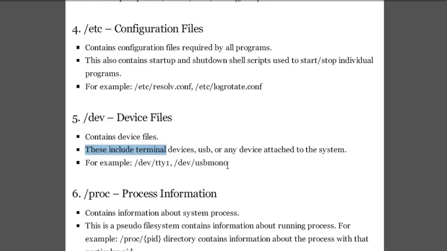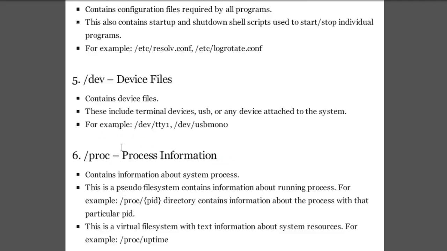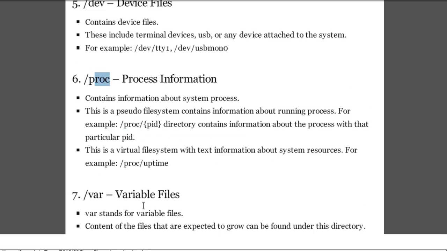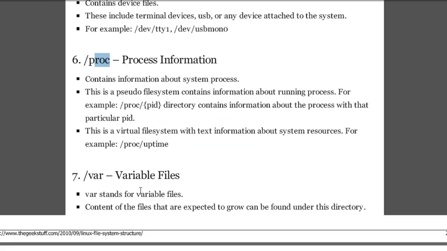Whenever we connect various types of devices, it includes all those files. /proc holds process information. I'm not going into much detail about this, and only pointing out the files which are mainly useful.